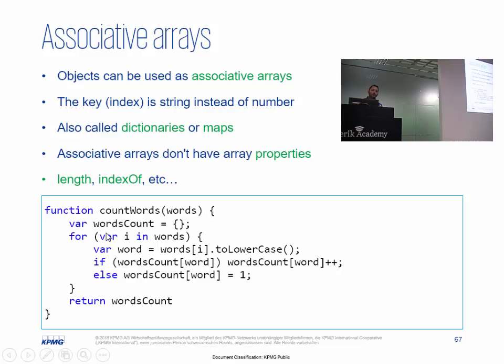So what we're constructing here is another object which gets each of the words in the original object, sorry, and counts them. We're building here a dictionary of counting each of the words that appears in the original object.